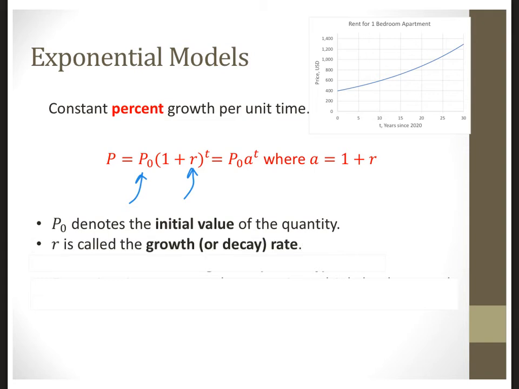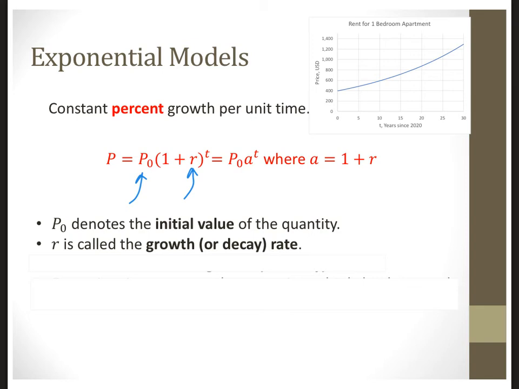R is called the growth rate. If quantities are decreasing by a fixed percentage, then we might call that a decay rate. So R is telling us by what percent this quantity is increasing, and usually we represent R as a decimal.